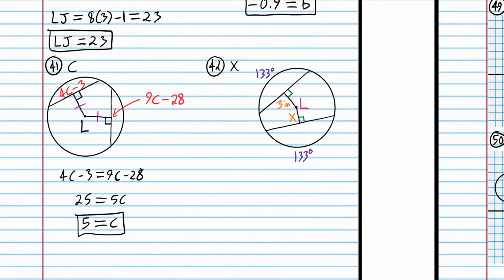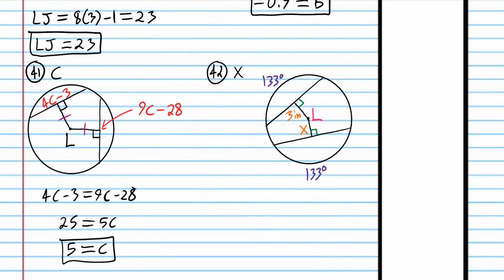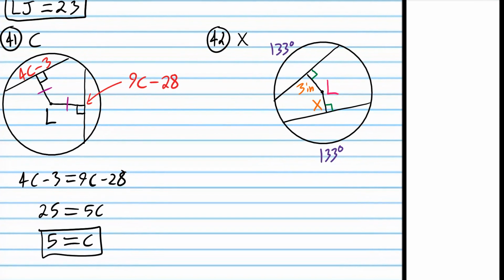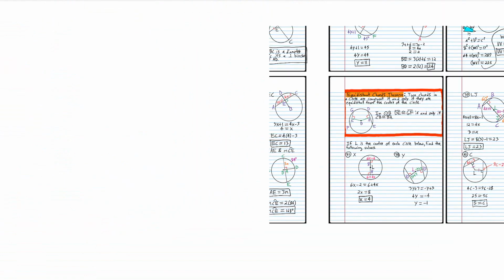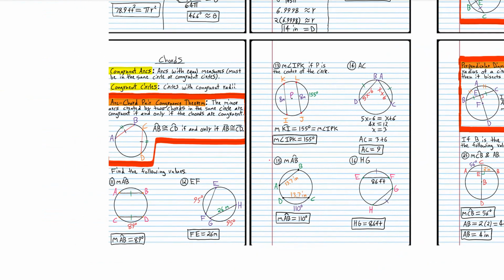All right, we're back. Notice that the measures of the arcs created by those chords are equal. So that means that the chords are equal. If you're confused by this, we have to go back to the first chord theorem, because this is actually using multiple chord theorems.